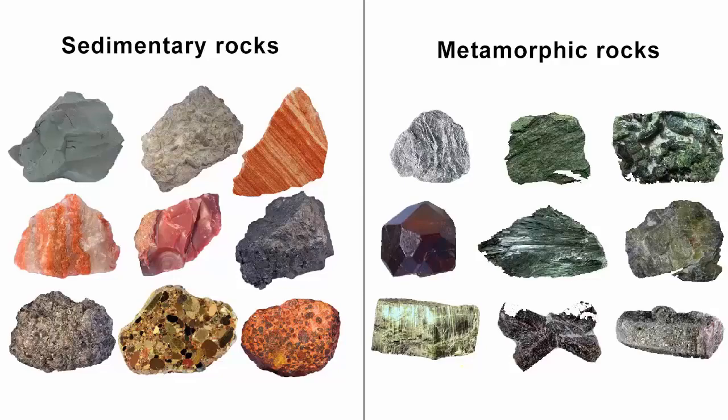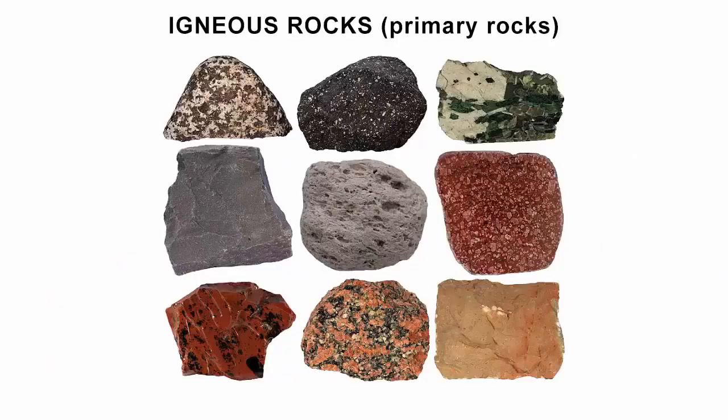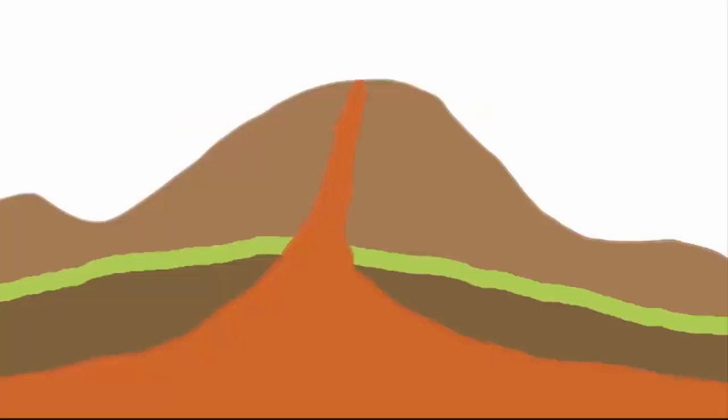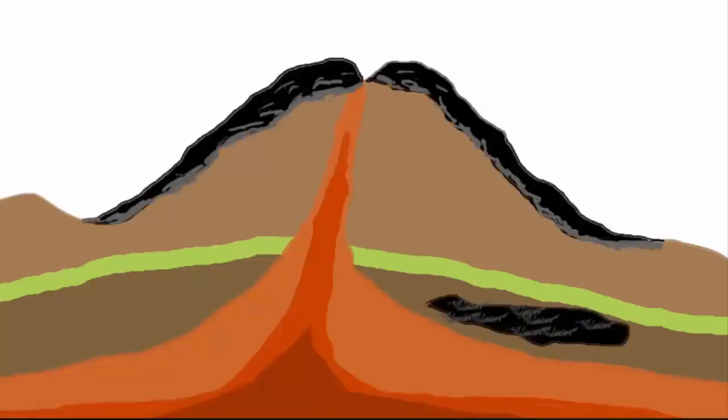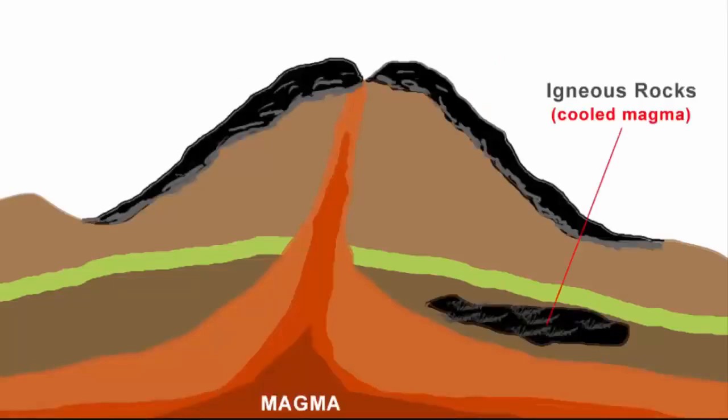Let me explain how. Igneous rocks are the reason sedimentary and metamorphic rocks exist. Let's see it as a story. Imagine the magma coming out of the mantle through a volcanic eruption. This magma cools down and becomes solid crystal, and that is how igneous rocks are formed.